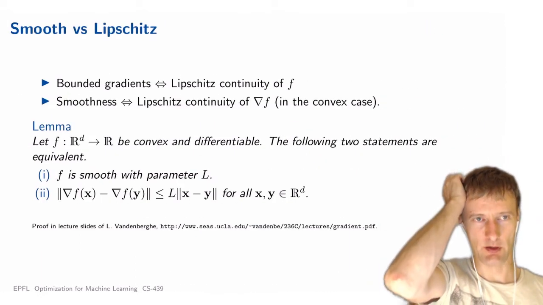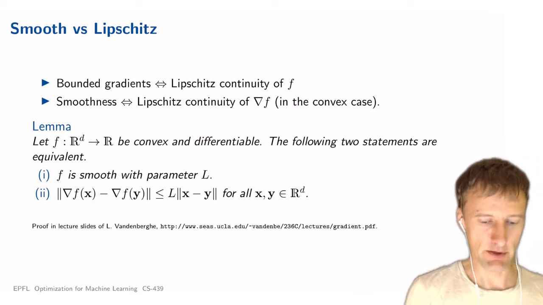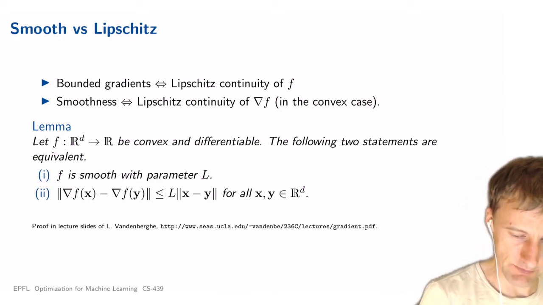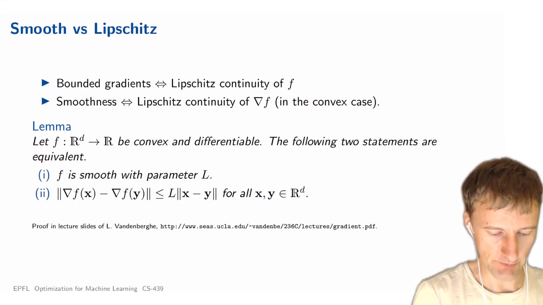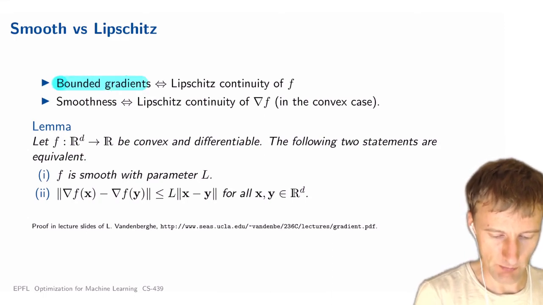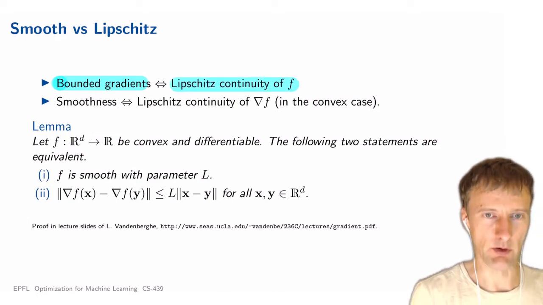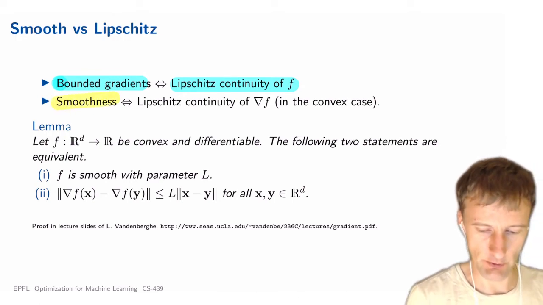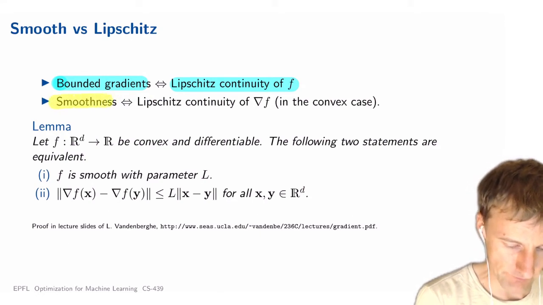So what's the relationship of all of this to bounded gradients and bounded norms and so on? What we already had in the first analysis was that bounded gradients is the same as f being Lipschitz continuous. That we already saw in our first proof. And now we have a different property, smoothness, and it turns out that it also has a very nice and easy relationship to gradients.